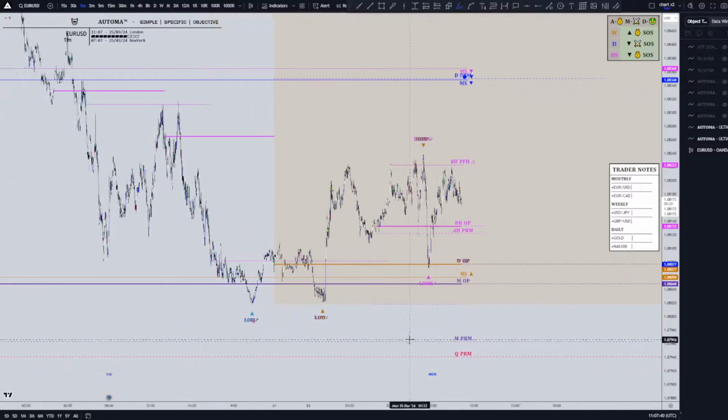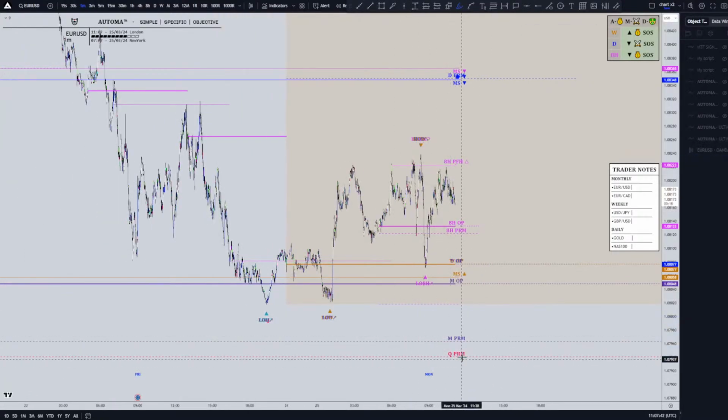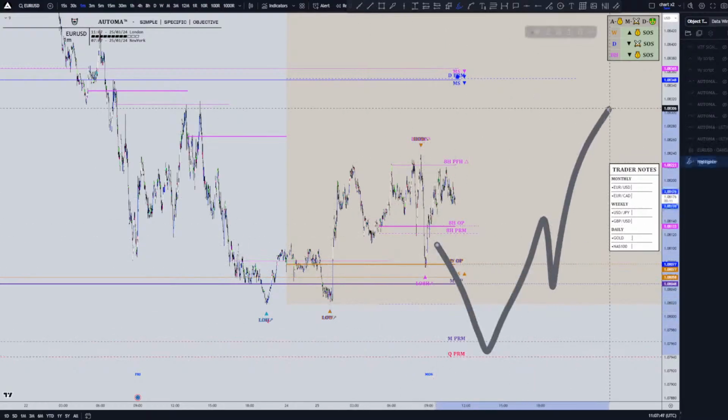So there is potential to dip into the key levels. I think potential to do something like this.